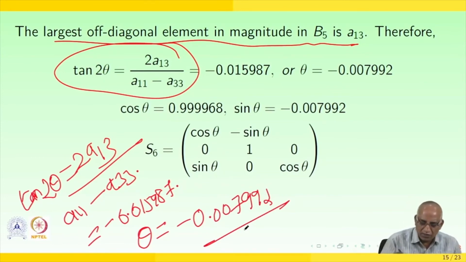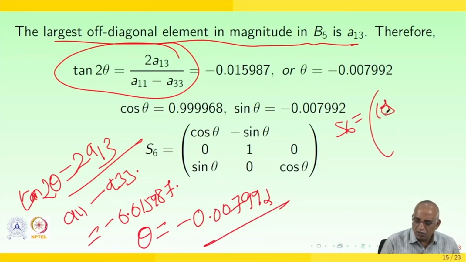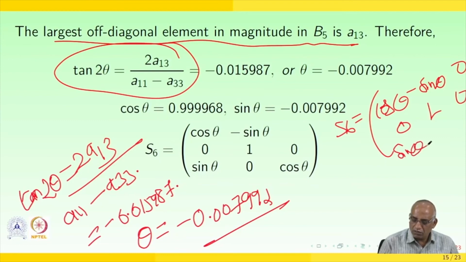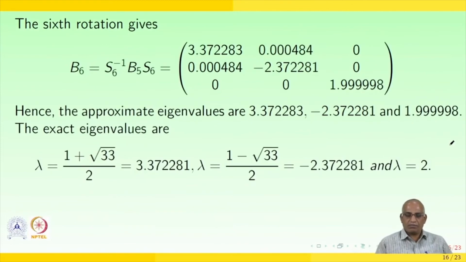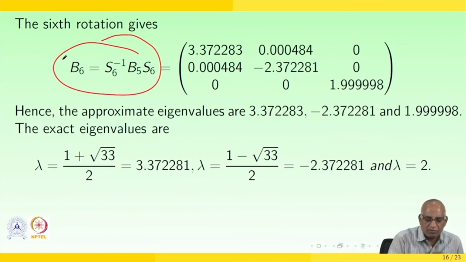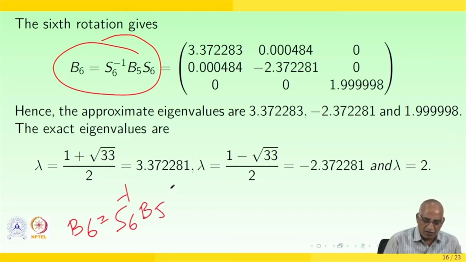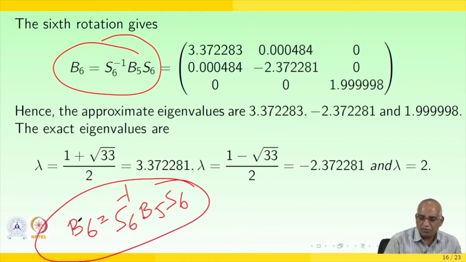So you will have S6 is equal to cos theta, 0 minus sin theta, 0 1 0, sin theta, 0, cos theta. The sixth rotation gives you this matrix B6, that is B6 is equal to S6 inverse B5 S6. So you get a matrix like this.